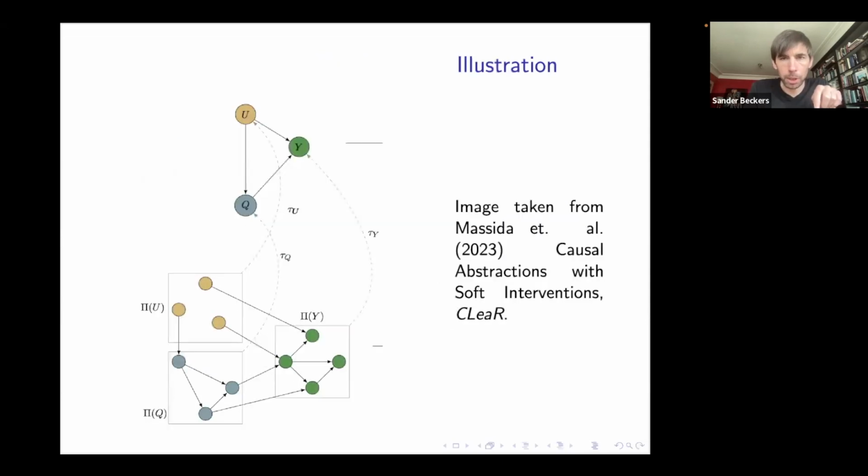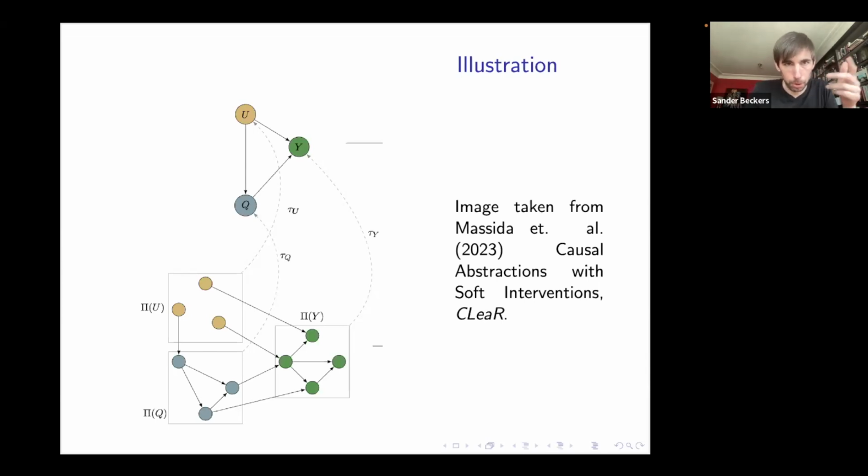So I have a picture that I stole from another paper because, like I said, I don't have good graphical skills, certainly not when I was preparing this talk and I had too much to do. So this visualizes the idea. On the bottom, you have the low-level variables, and each color indicates a cluster, meaning that each color represents one variable at the high level.